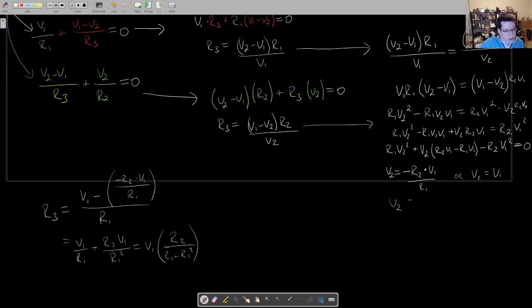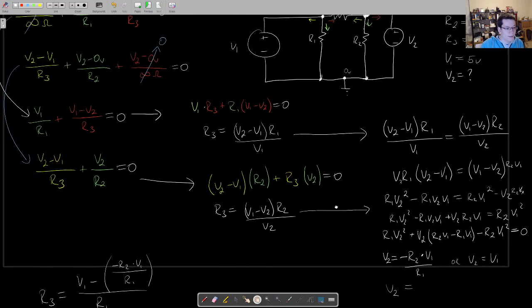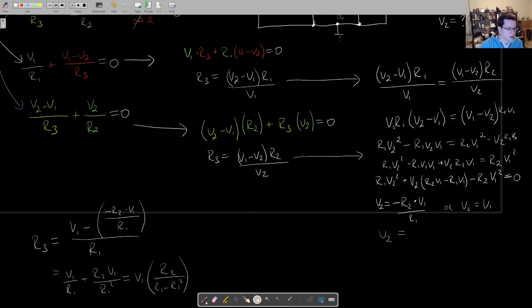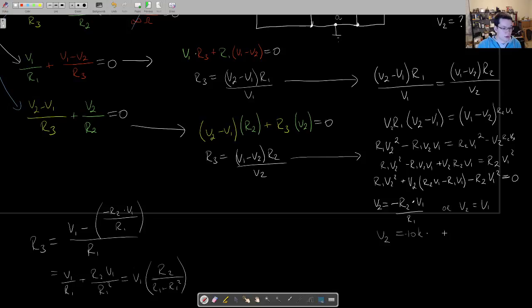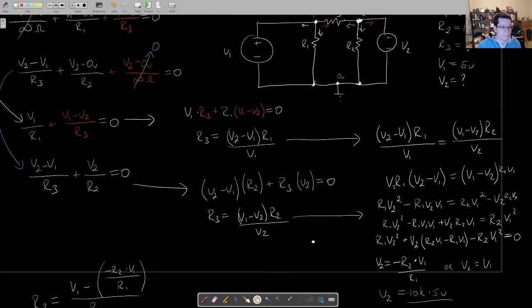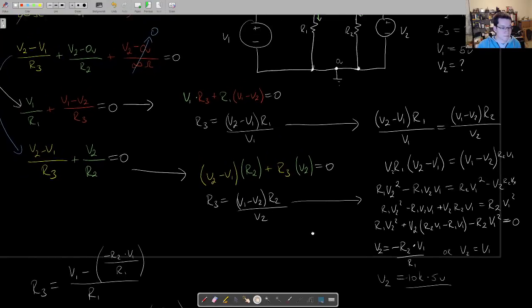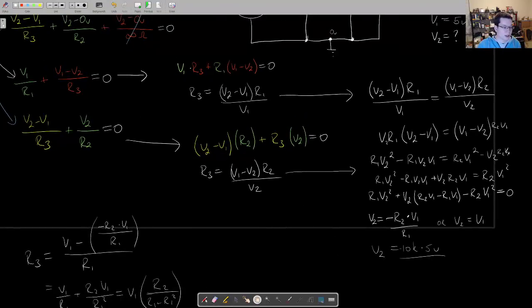V2 we can actually plug in because we've got values, right? R2 is 10K, negative 10K, times V1, which was 5 volts, divided by R1, which was 6K. The K's cancel out.